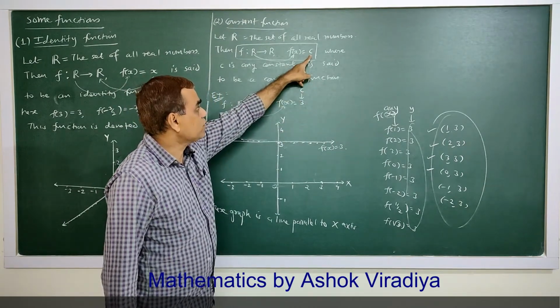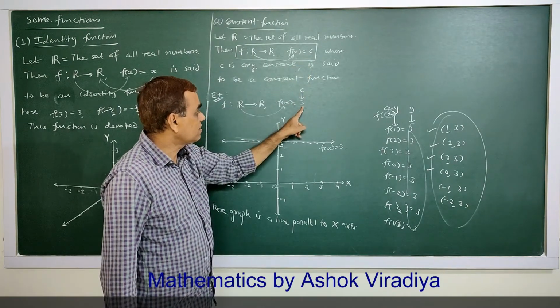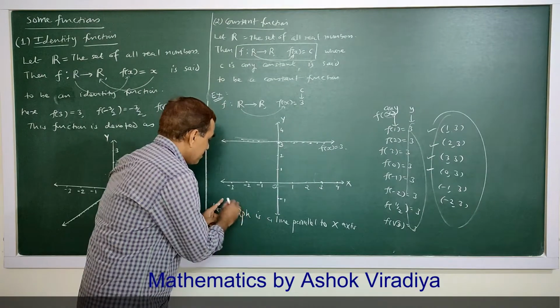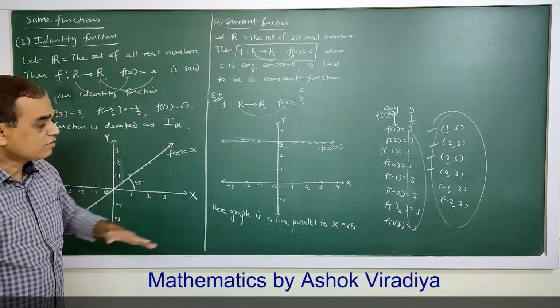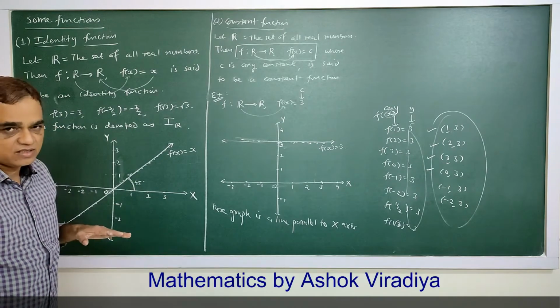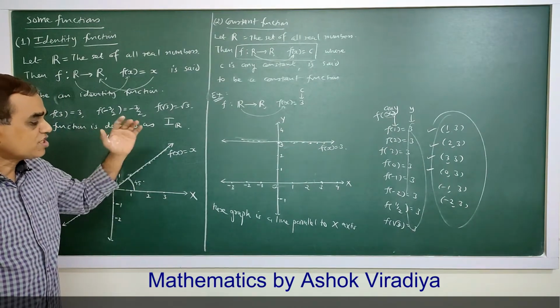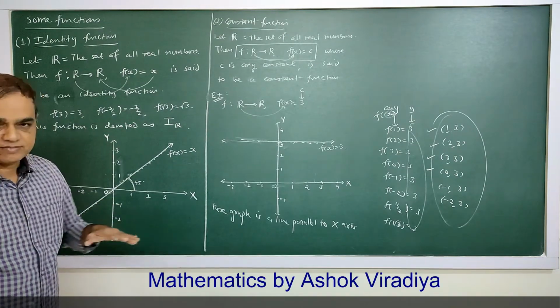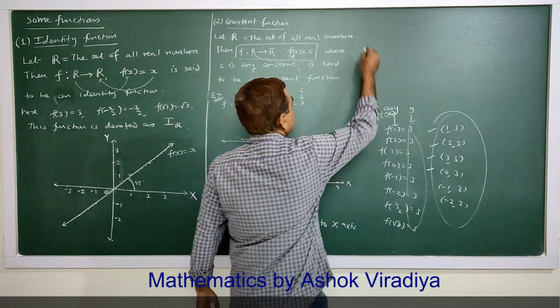If c is -1, then it will pass through -1. So here the line is always parallel to x-axis, or a horizontal line. So the graph of this constant function is a horizontal line. So this was about constant function.